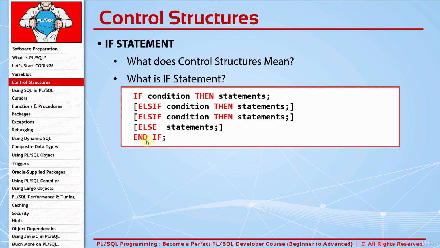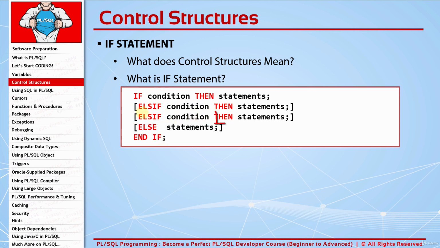If the condition after the if statement is false, then it moves to the next else if and checks this condition. If this condition is true, its statement is executed, and the if statement is terminated by going to the end if statement. If the first else if condition is false, it moves to the next else if condition.